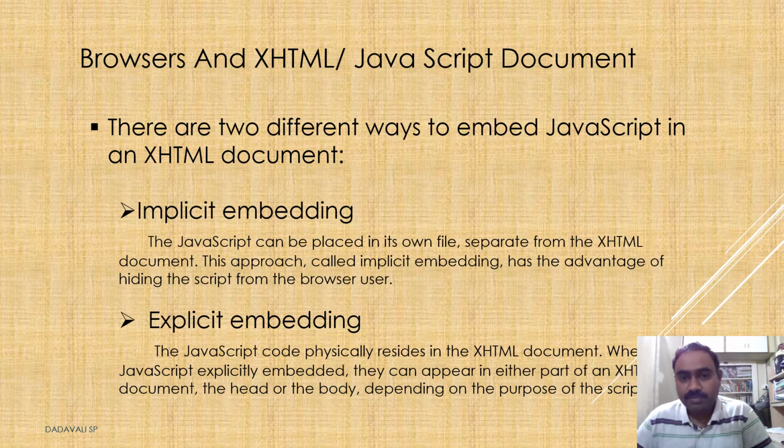So in implicit embedding, you write the JavaScript code in a separate file with the extension .js. And explicit embedding is physically residing in the XHTML document. When JavaScript is explicitly embedded, it can appear in either part of an HTML document, the head or body, depending on the purpose of the script. So the next slide will show how to run a JavaScript program in implicit and explicit embedding.